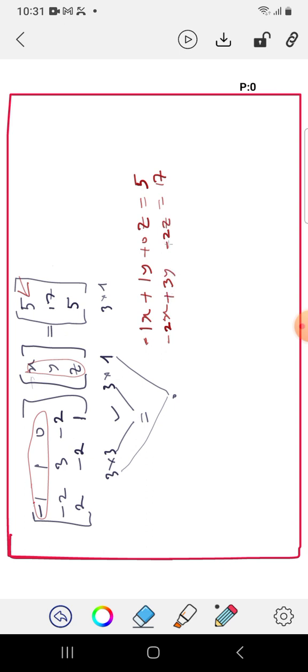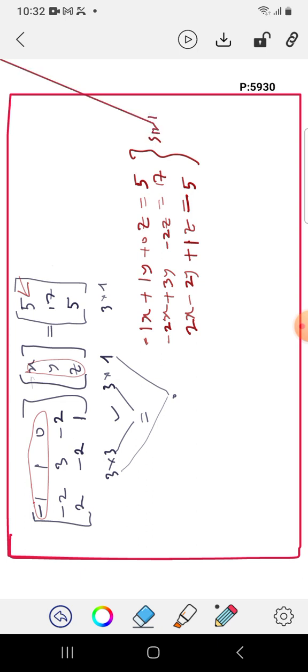Of course, this negation is already here, so you don't need to put anything. It's now 17. And the last one is going to be 2, minus 2, and then 1, then x, y, z. Put a plus here to complete it, is equal to 5. So what we have there is a system of simultaneous equations.